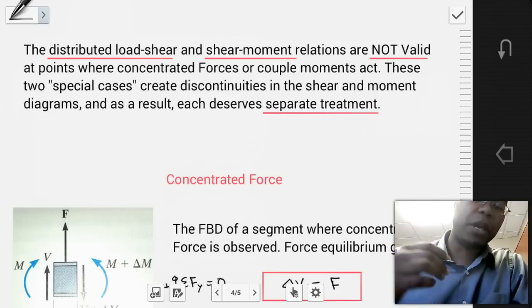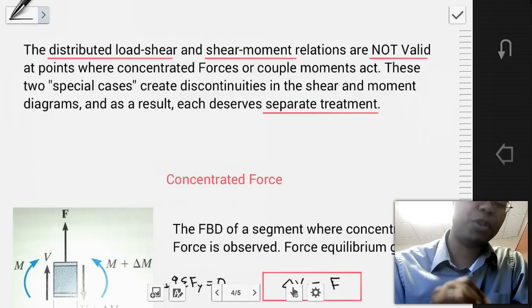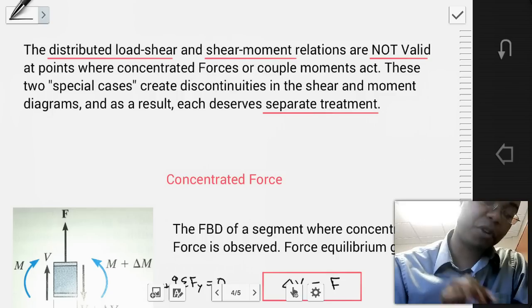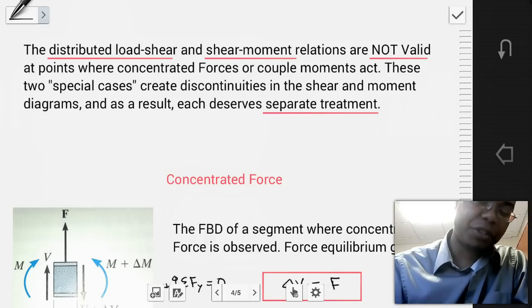So if we find some concentrated force or some coupled moment, we can't use those two equations. Those equations are going to work only for our conditions where we have a distributed load. So the cases where we have concentrated forces and coupled moment acting are special cases.